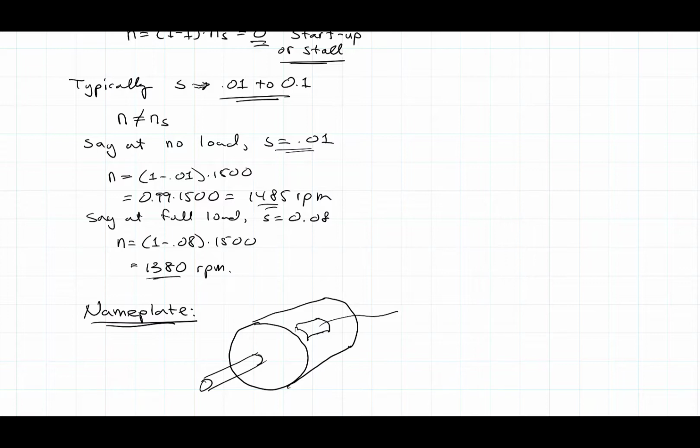So typically, what is the nameplate going to tell you? It's going to tell you the speed, the rated speed. It probably just lists the values and doesn't give the symbols, but I'm giving you the symbols. I'm in Europe, so this is a typical European motor running at 50 hertz instead of a US motor.